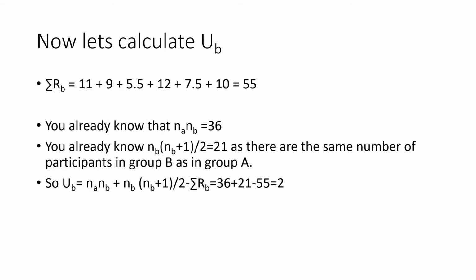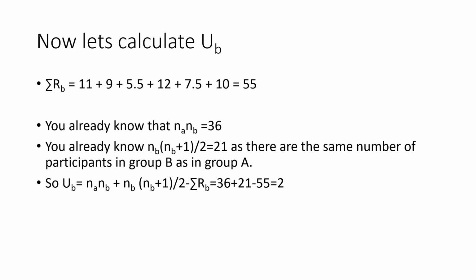Now let's calculate UB. Sigma RB is 11 plus 9 plus 5.5 plus 12 plus 7.5 plus 10 equals 55. You already know that NA times NB equals 36.